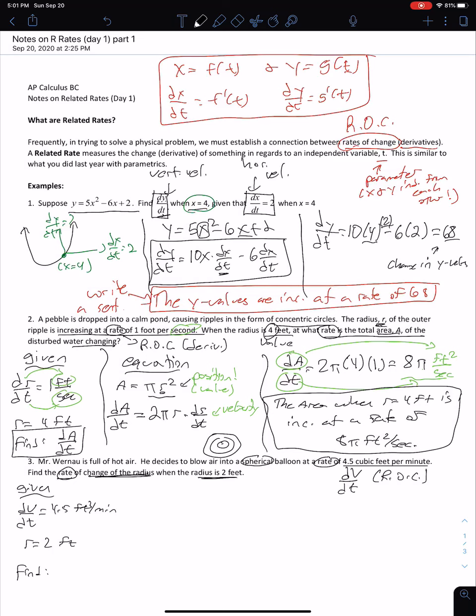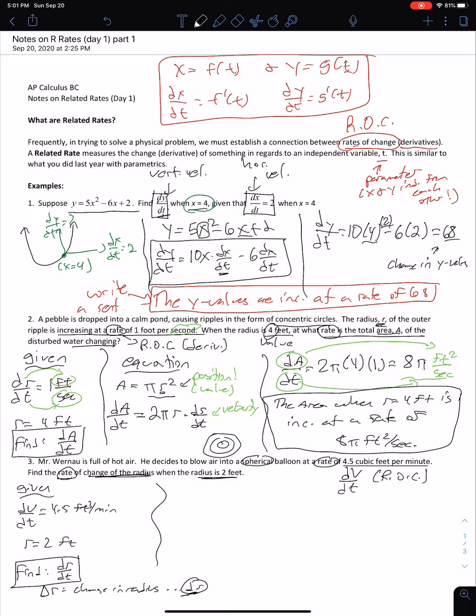So how do we write the change in radius? That's what the delta R stands for back in geometry. But we use dr instead because we're looking for instantaneous. So dr/dt, that's what we're looking to find here.